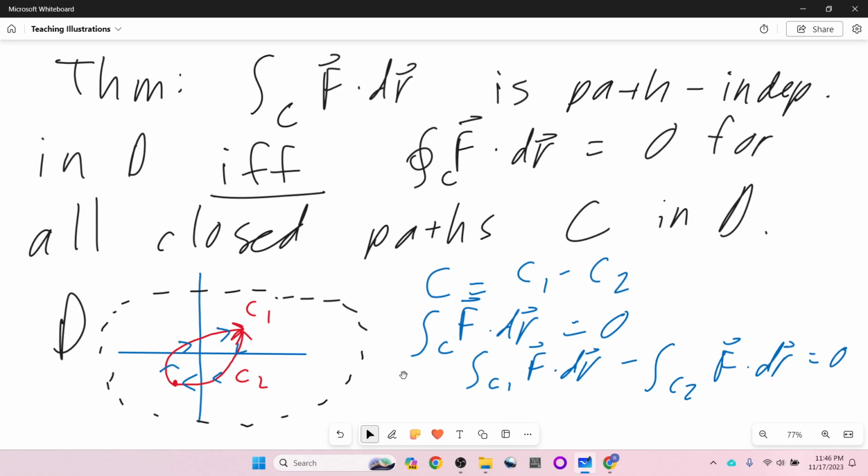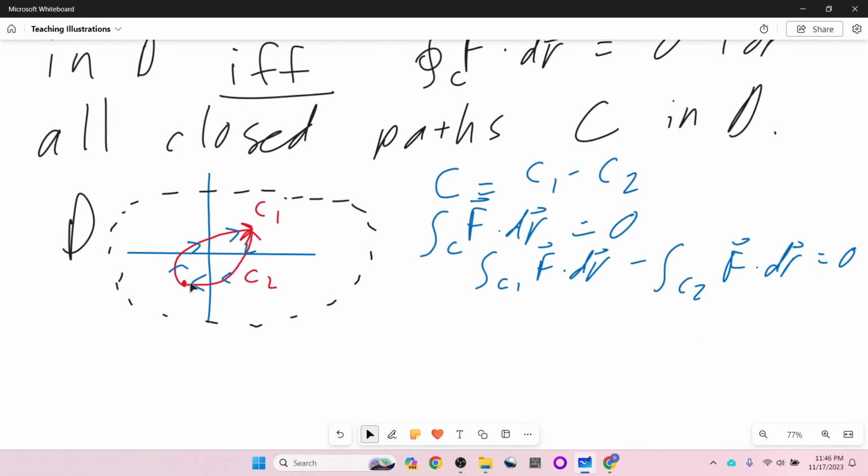So, like I said, the picture explains it pretty well. What we're saying is that if we did a full loop, we get 0. So we first get a certain value from C1, then we do C2 backwards, we have to erase all that, so it must be the exact opposite. So therefore, if they were in the same direction, they would give the same thing.